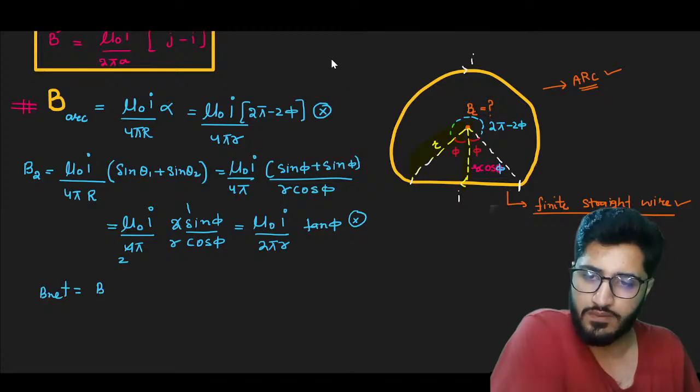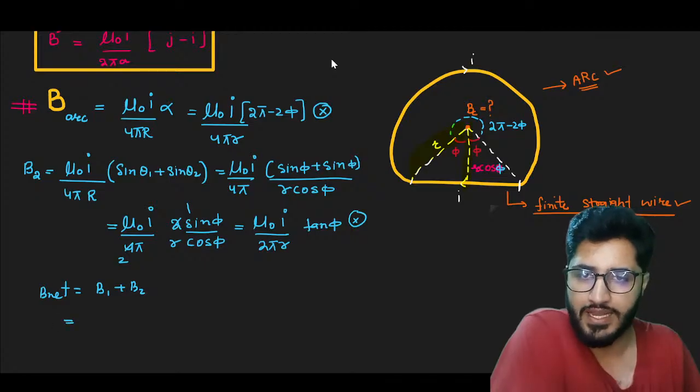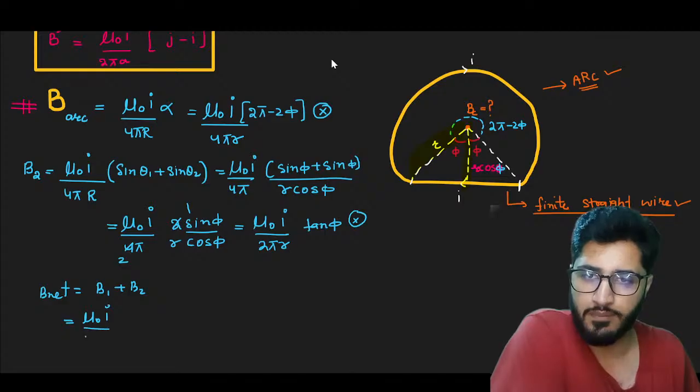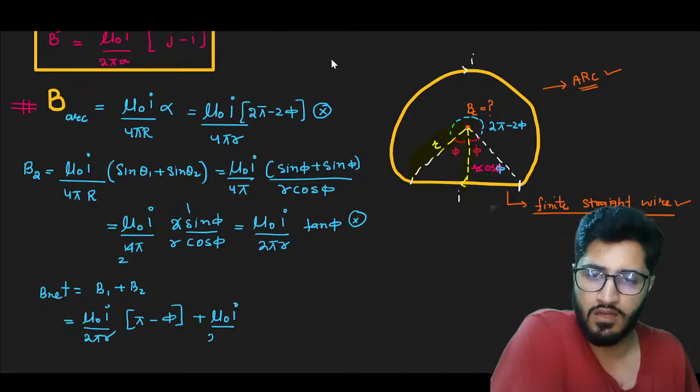It is B1 plus B2. What is B1 now? I can take 2 common, so I can write mu naught I divided by 2 pi r, then I had to take 2 common, it is pi minus phi, plus mu naught I divided by 2 pi r tan phi.